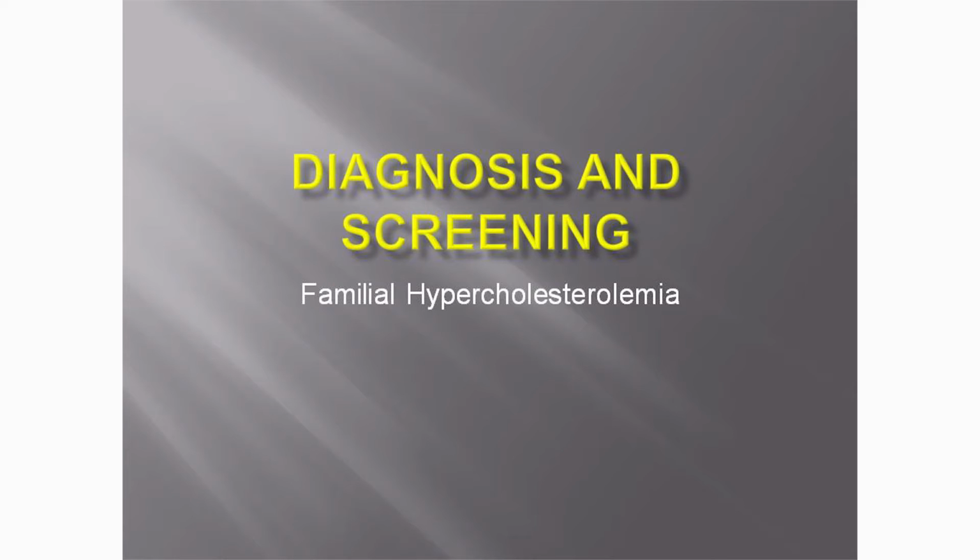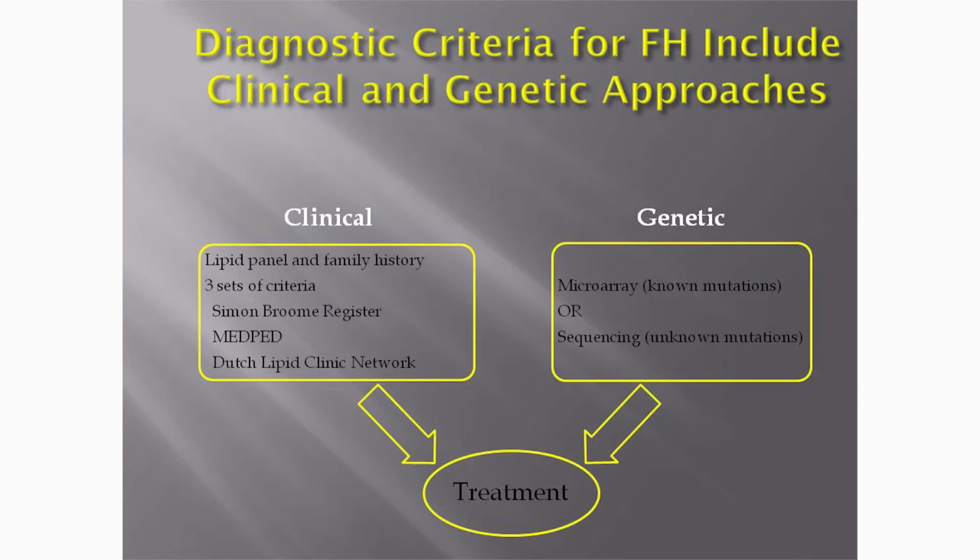In terms of diagnosis and screening, there are different ways to do this, and I'll discuss the most common ways that we have available. There is still really some debate as to how best to make the diagnosis of HoFH and also HeFH. So first, we have a clinical approach, and then there's also a genetic approach. And here in the States, we typically don't use the genetic approach, we use a clinical approach.